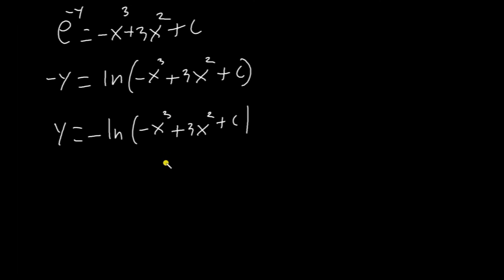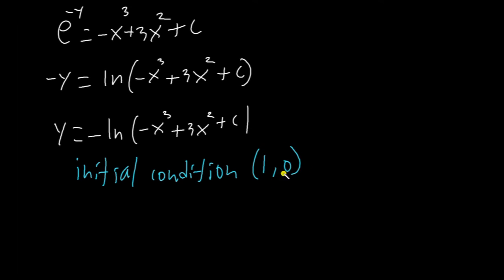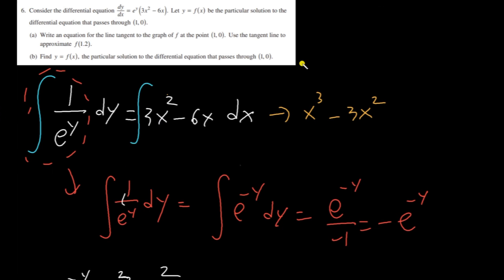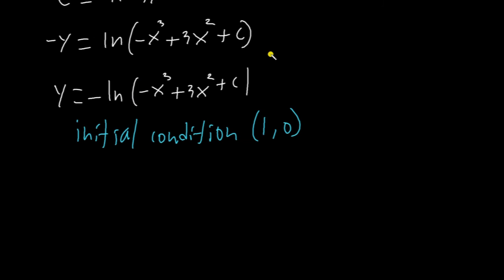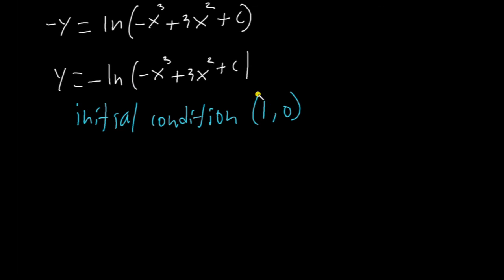Okay, so the final step here is we need to figure out what plus c is. And to do that, we're going to use that initial condition from earlier. Okay, so remember, we had the initial condition that it passes through (1, 0). So we're going to use that to solve this problem. Alright, so we'll plug in 1 for x and 0 for y.